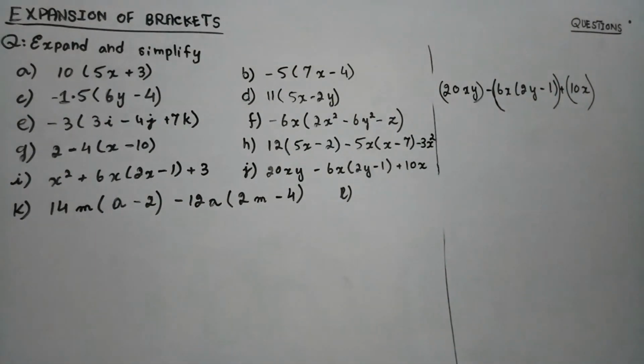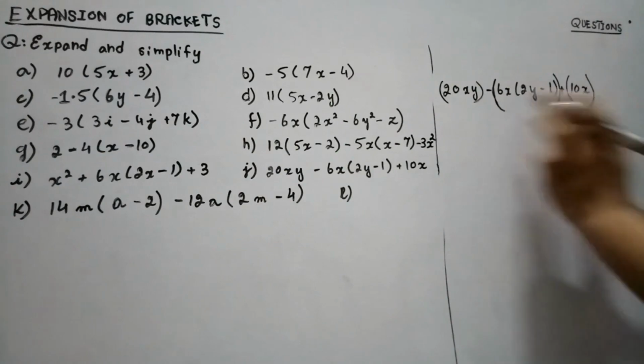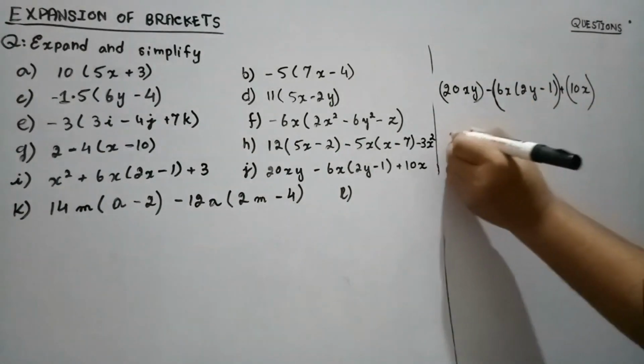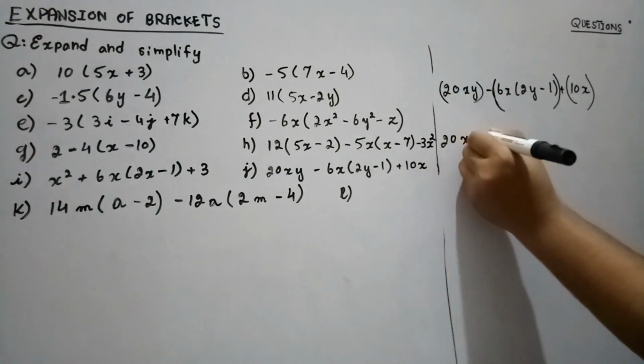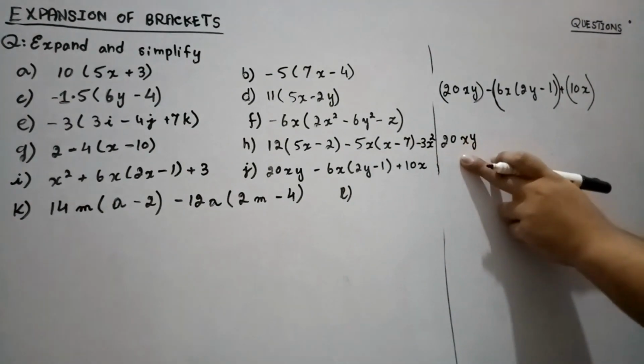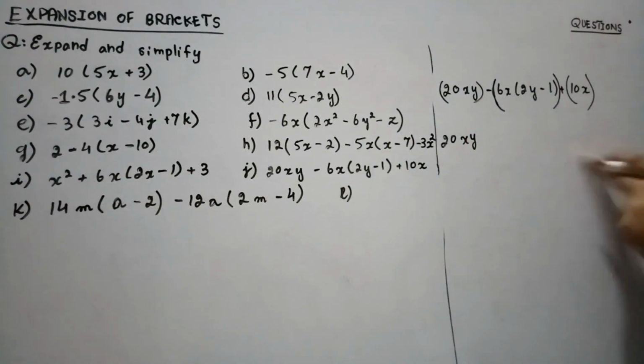Clear? Now what we can do, we have to solve this one because in these two we have no brackets to solve. So I can write this 20xy as it is. It means that 20 is going to multiply by x and y.